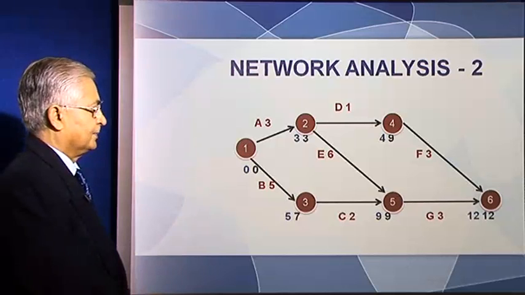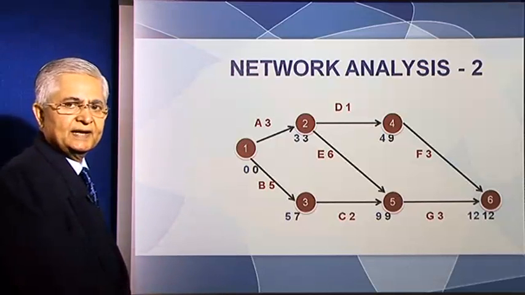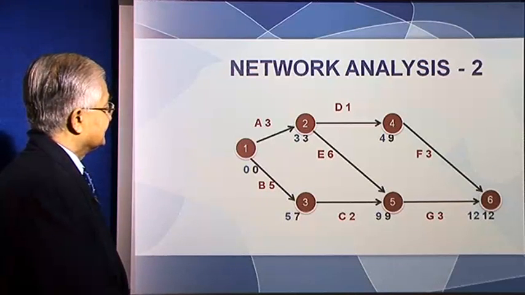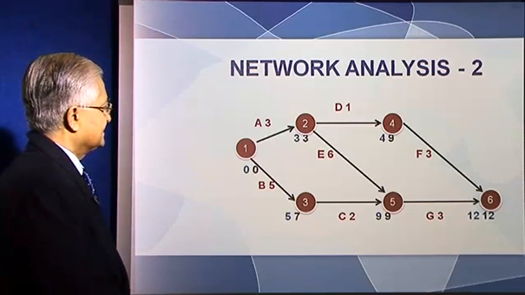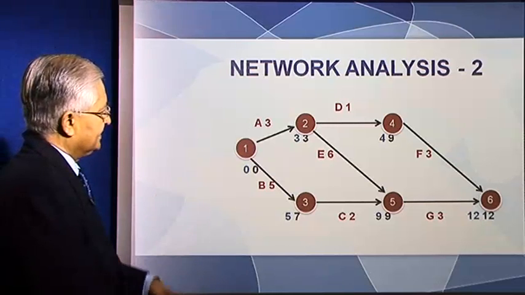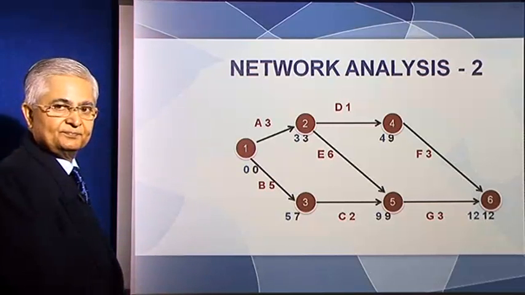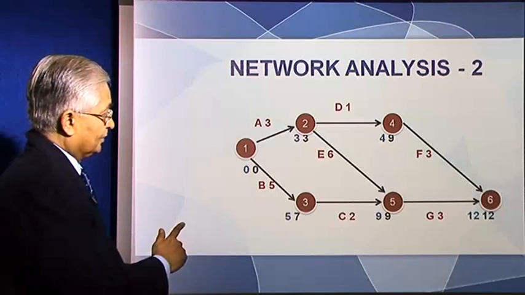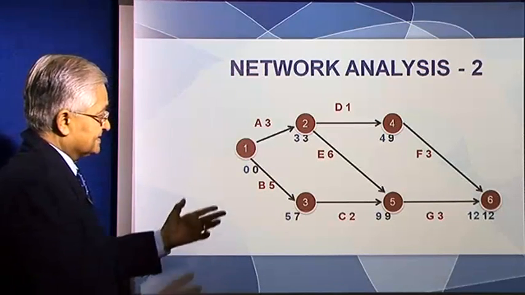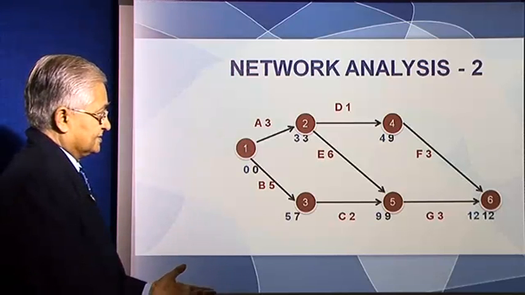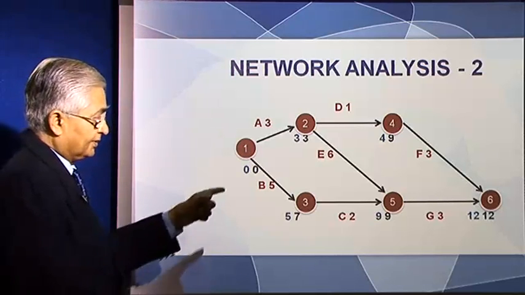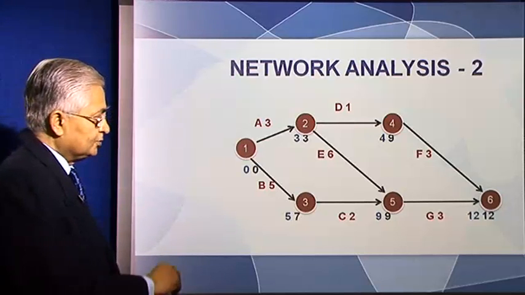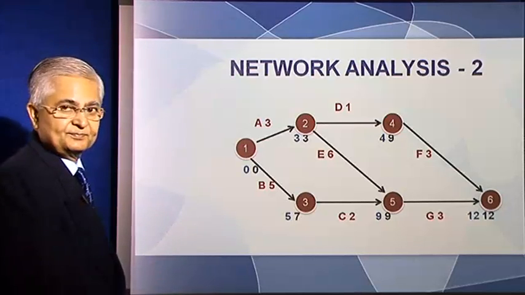The end of the 9th month, C should be over latest, and C can begin latest by the end of the 7th month, but the earliest you can begin C is at the end of the 5th month, because the earliest you can reach point 3 is at the end of the 5th month, which means you have some flexibility, right?